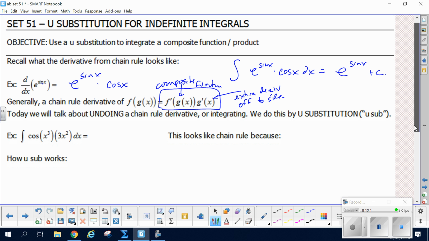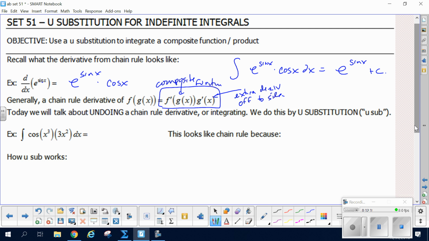Now, consider this thing. Say you are integrating cosine of x cubed times 3x squared. Now, you most definitely cannot just integrate cosine, integrate 3x squared. You can't do that. Just like you can't take the derivative of a product by just doing each little piece, you can't integrate a product by doing just each little piece. That's 100% no. You with me?